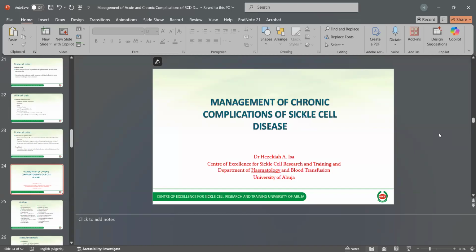And usually when we are managing the stroke, acute chest syndrome, and priapism, we need to do it in collaboration with the relevant specialists. Like for stroke, we may need the attention of the neurologist, and for priapism, we also may have to involve the urologist.